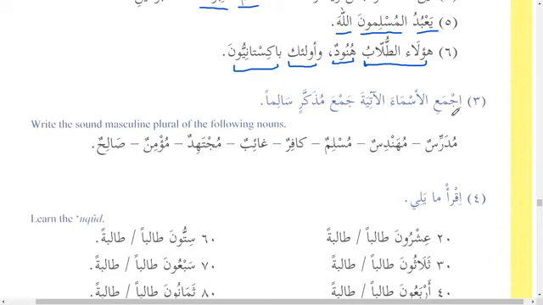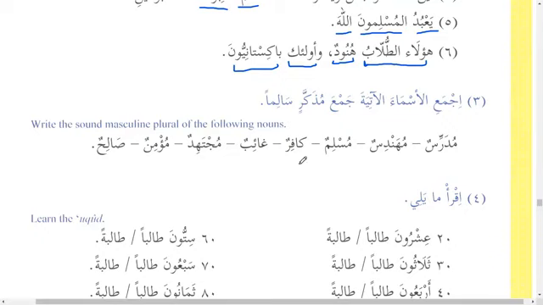Ijma'il asma'a al-atiyata, jam'a mudhakkarin saliman. So what do we have to write here? Write the sound masculine plural of the following nouns. So jama'a yajma'u, jam'an is also used to add something, and here it means to make the plural of the nouns with muzakkar salim.